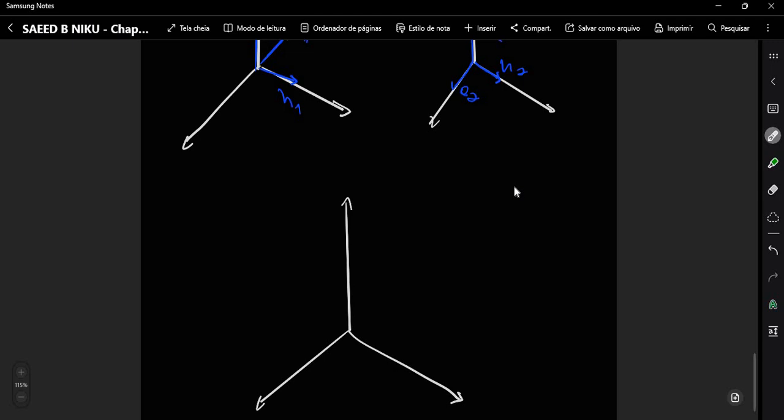This third transformation is the translation transformation.